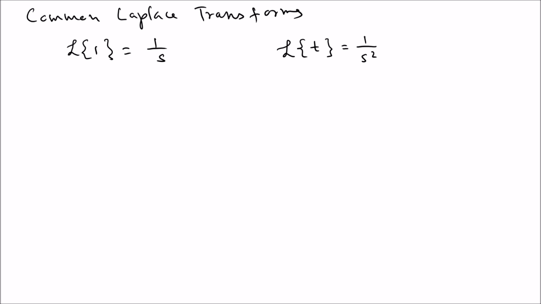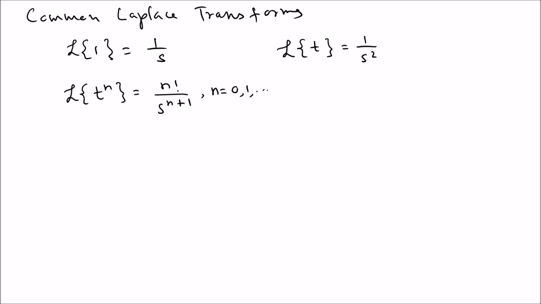Then the Laplace transform of t to the n for positive integer n is n factorial over s to the n plus 1. This works for n going from 0, 1, and so on.